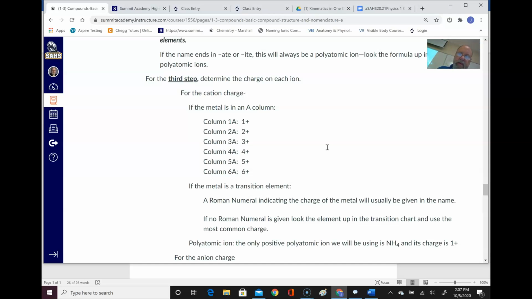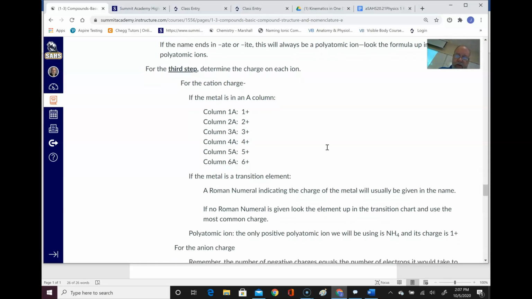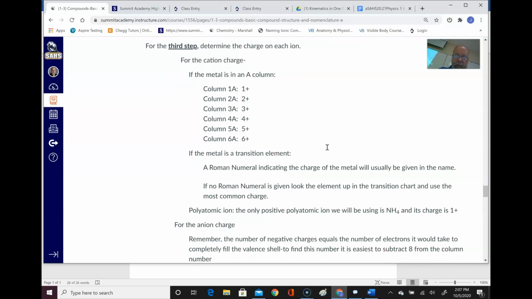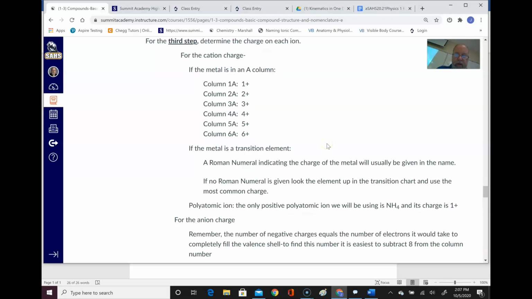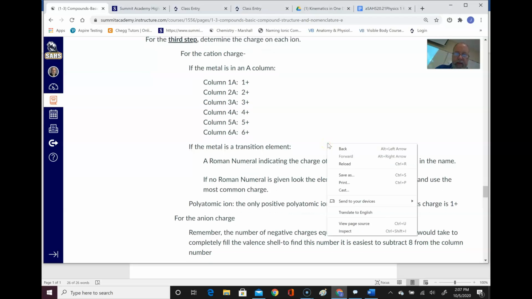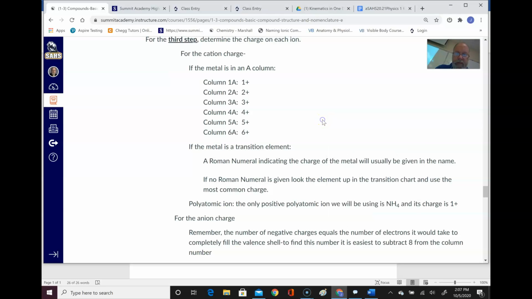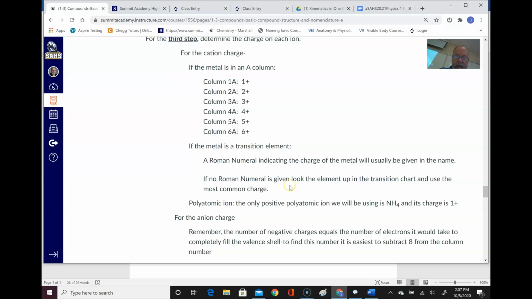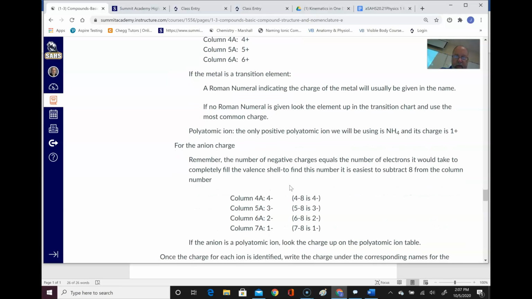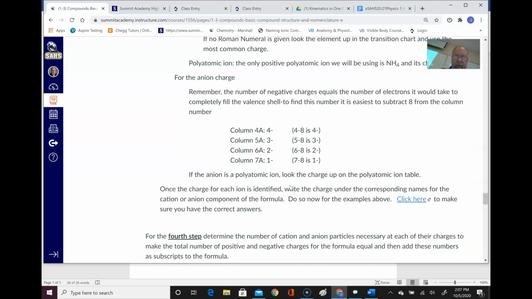If the metal is a transition element, you're going to look at your name, and a Roman numeral that indicates the charge of the metal will usually be given in the name. If no Roman numeral is given, look up the element and use the most common charge. For polyatomic ions, the only positive polyatomic ion will be NH4, and its charge is 1 plus.